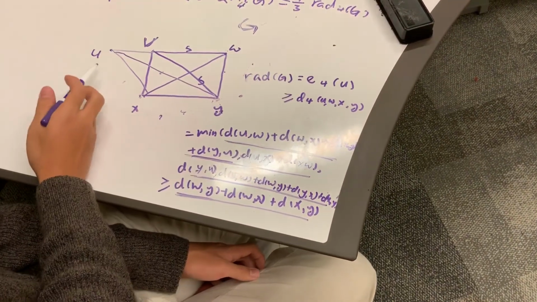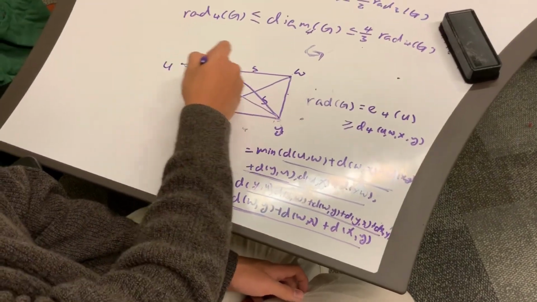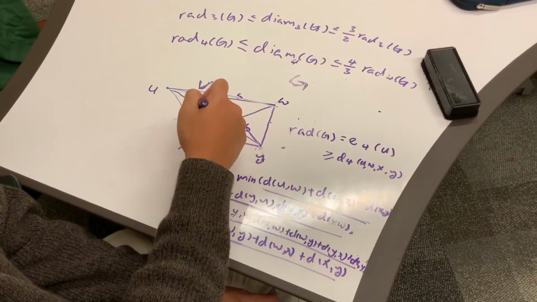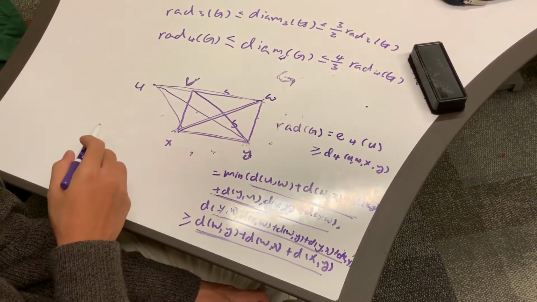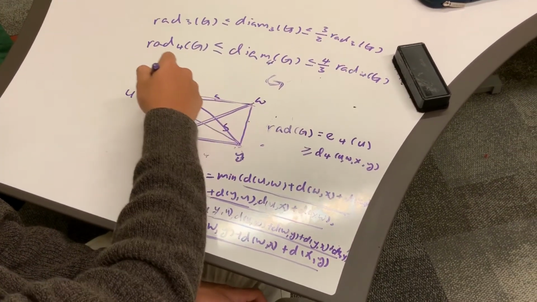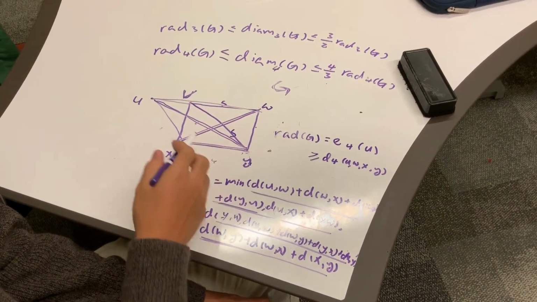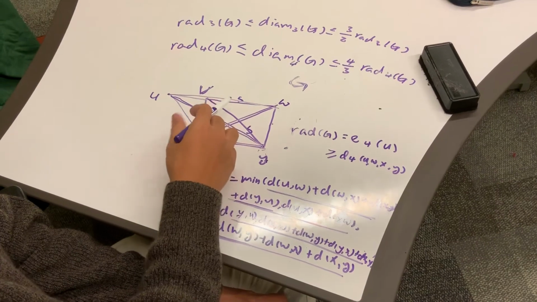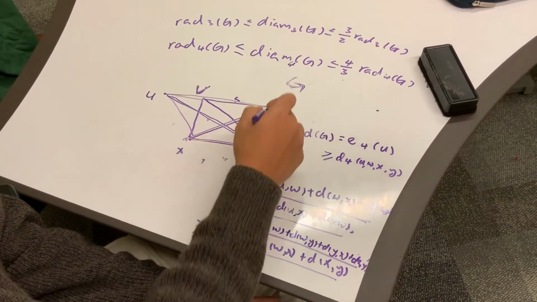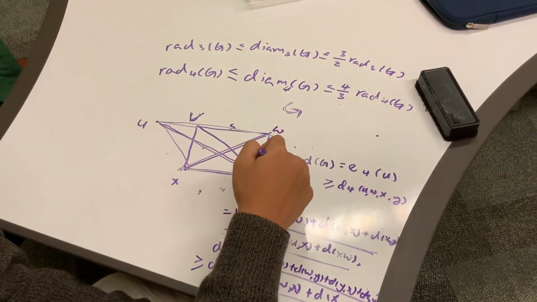If you connect u, w, and w, x, x, y, and y, u, you'll notice that since you connected uw and uy, the sum of these two would always be bigger than wy.